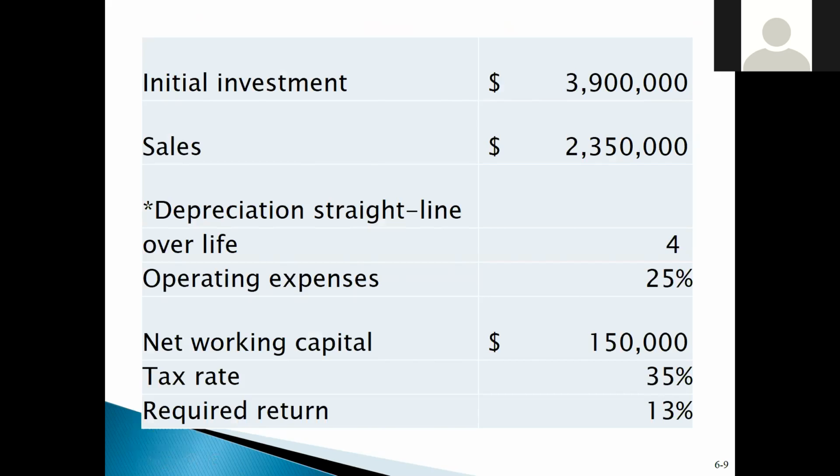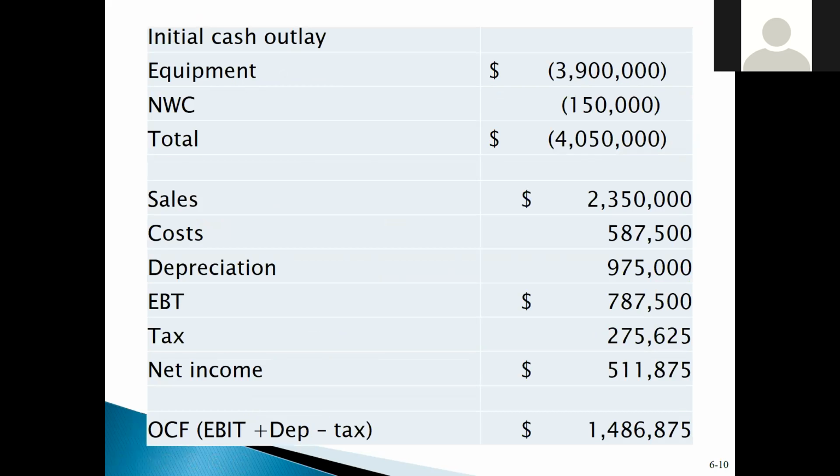And the tax was 35% of that. And then I just got the operating cash flow from the earnings before interest and tax plus depreciation minus tax. Excellent. Then that was the cash flow for the first 3 years. And then for the fourth year, it was that plus 150,000 net working capital. Outstanding.